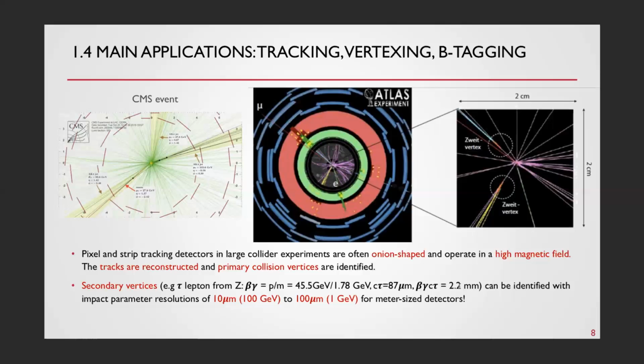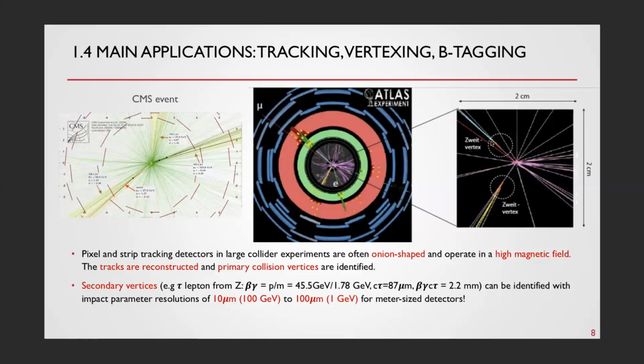So we have 2.2 millimeters, and we have 10 to 100 or so micrometer impact parameter resolution, as you know, and as we've discussed, the impact parameter is the distance of closest approach when the track is extrapolated through the detector and then compared to the primary vertex.